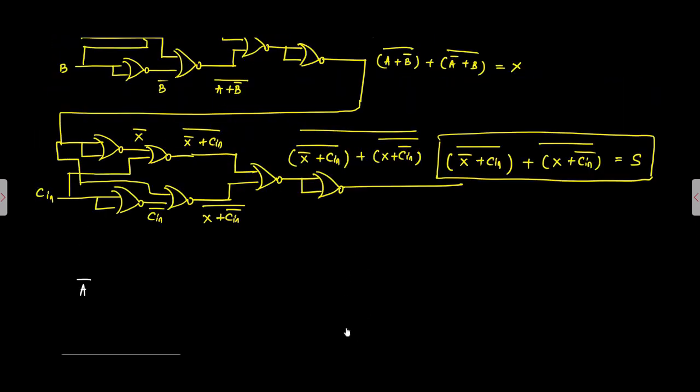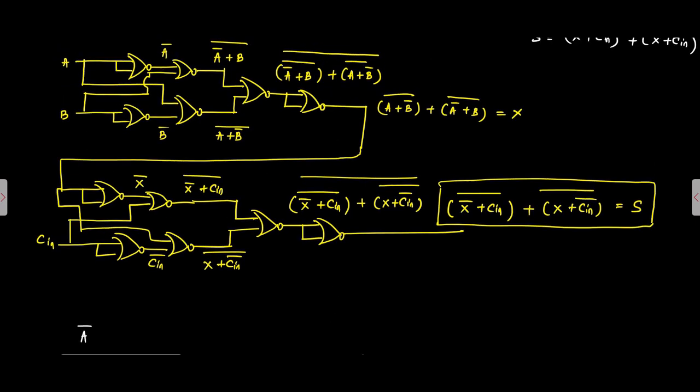For the carry part, we'll take A bar directly, because we already have A bar here on the upper side. So we can take A bar from here, then we'll take B bar from here.